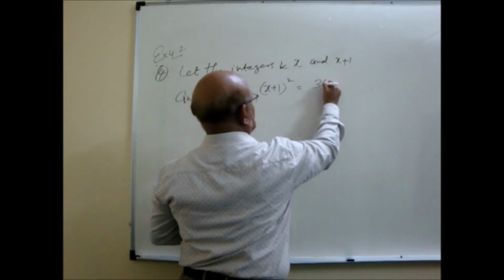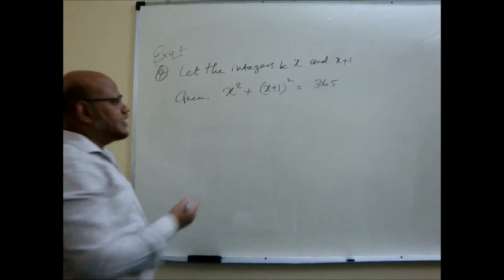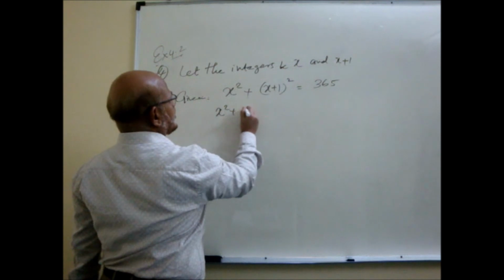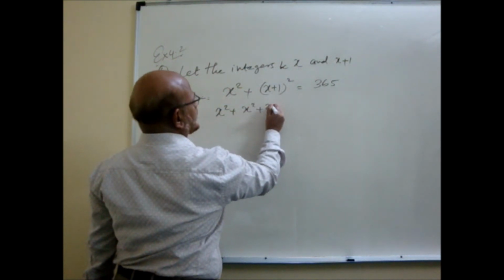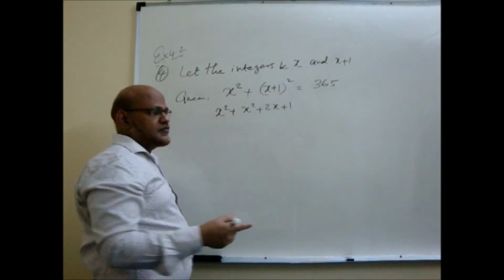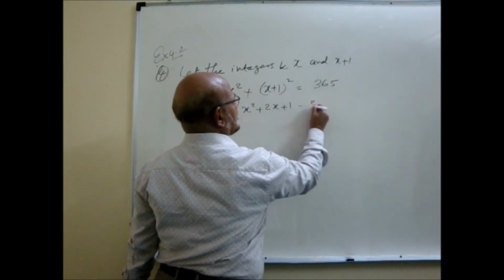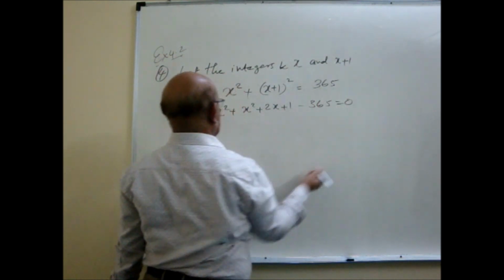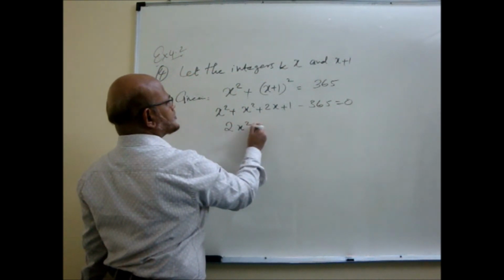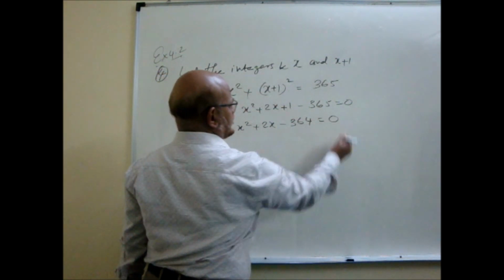So it will lead to a quadratic equation, solve it then. Okay, so expand it: x square plus 2 into x, 2x, plus 1. Use the a plus b the whole square formula to expand. Transpose the 365 to this side, 365 is equal to 0, becoming 2x square plus 2x minus 364 equal to 0.